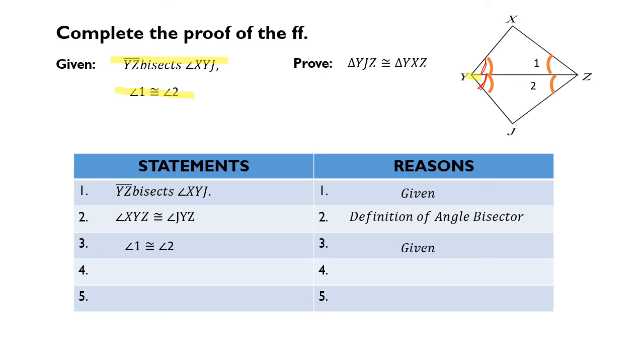By inspection, we have a common side. You just have to name that common side. Side YZ is congruent to side YZ by reflexive property. So, if we look into our given figure, it is suggesting ASA. Write the proof statement first, and the reason must be ASA.